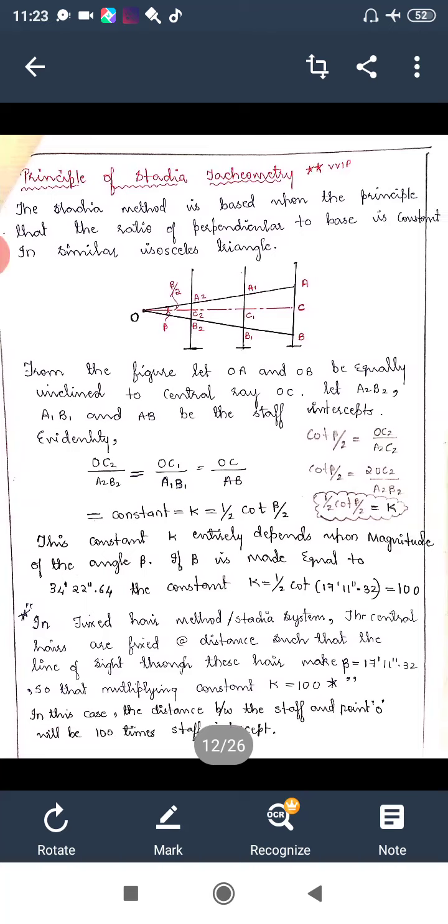Now what are K and C? K is the multiplying constant, and C is the additive constant, the constants of tachometry. We are going to derive those constants and see how they come about. So the identification of K and C is the principle of stadia tachometry.